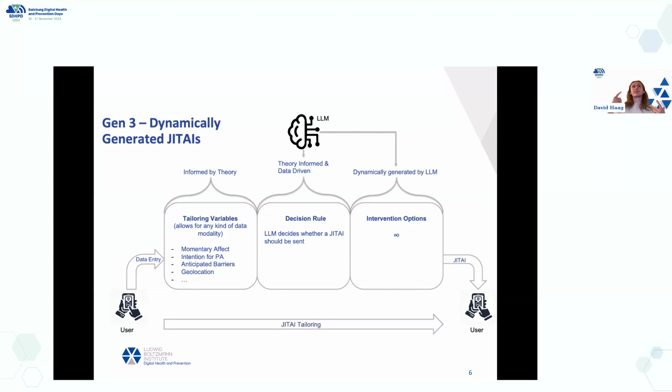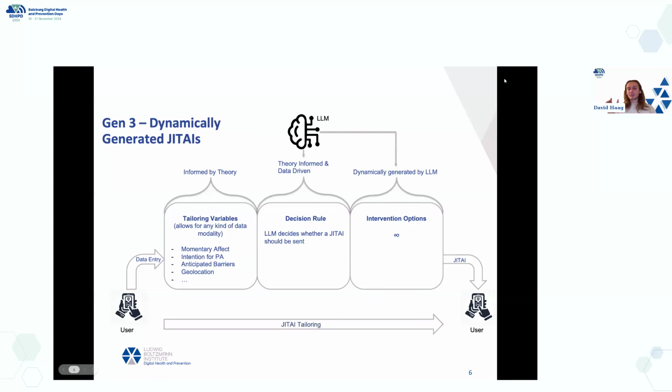So basically what we do is ask the large language model, in the study that I'm going to present on the next slide, we use ChatGPT with the GPT-4 model, and we asked it: in this very moment, for this person, would you send a just-in-time adaptive intervention to support them with their health goal, yes or no? And if you would send one, then please also phrase the message for us.